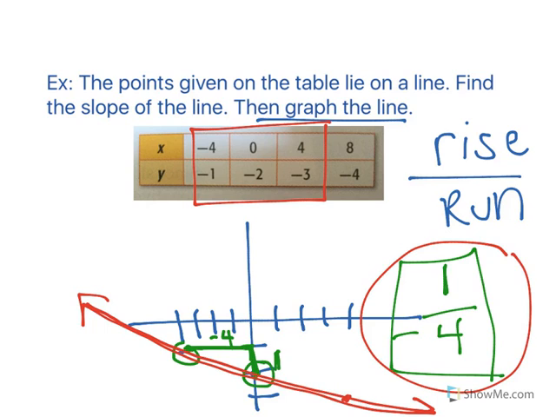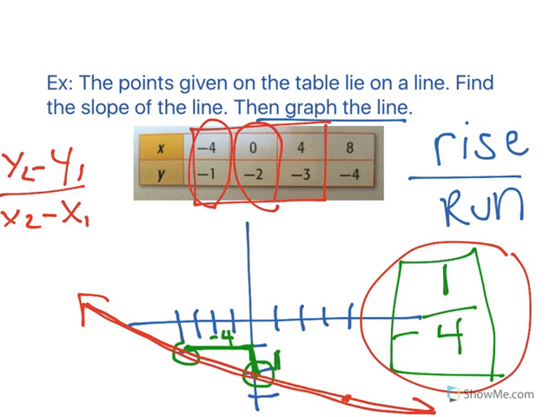You can do the rise over run. If you don't like that, let me just quickly do the y2 minus y1 all over x2 minus x1. So this is one of my coordinates, this is another one of my coordinates.